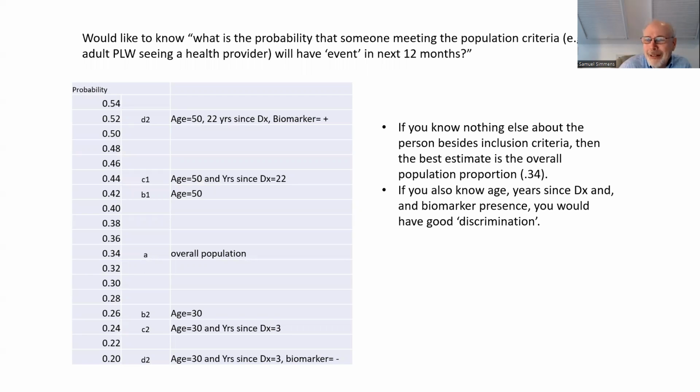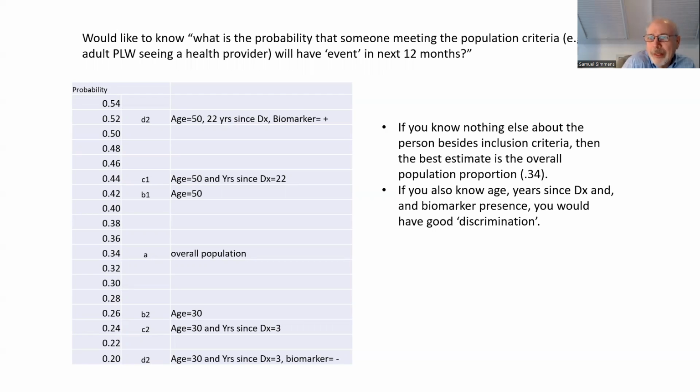I was playing around with a graphic way of explaining some concepts. I don't know if this will work or not, so don't take it too seriously. But supposing you have a population that you've defined, and maybe it's everyone in a database who is an adult person living with HIV who's seeing a healthcare provider, and you want to see if they have some sort of event in the next 12 months.